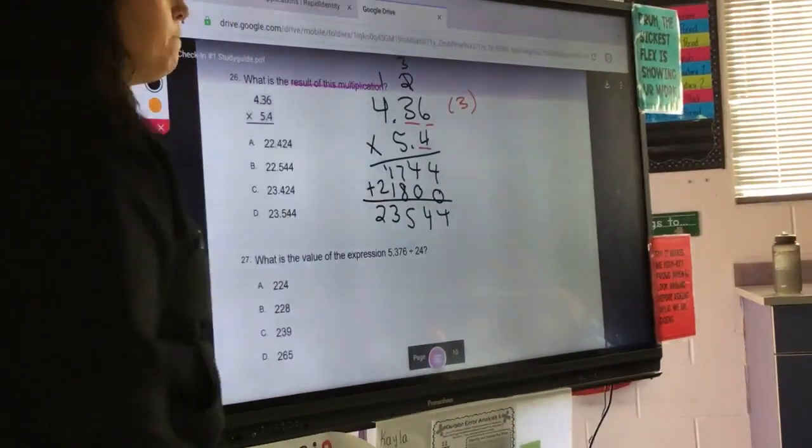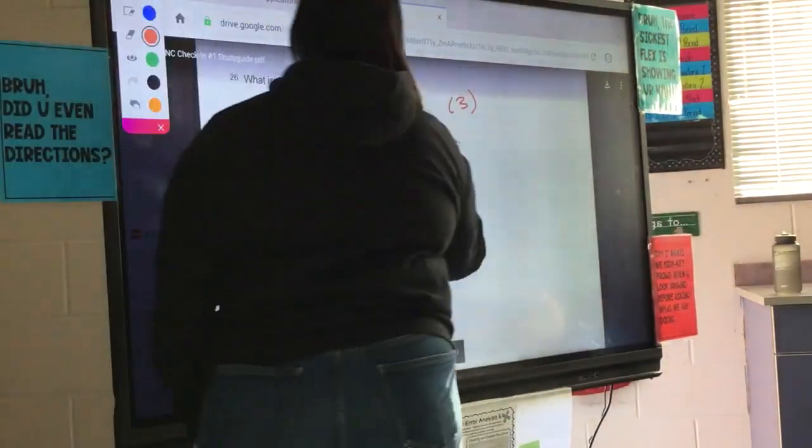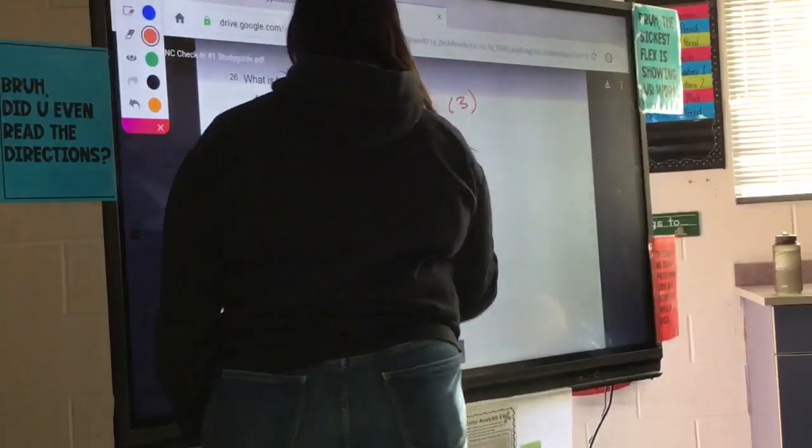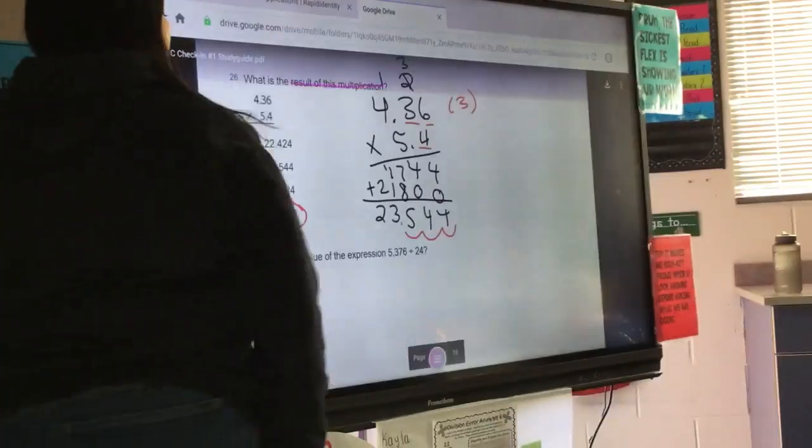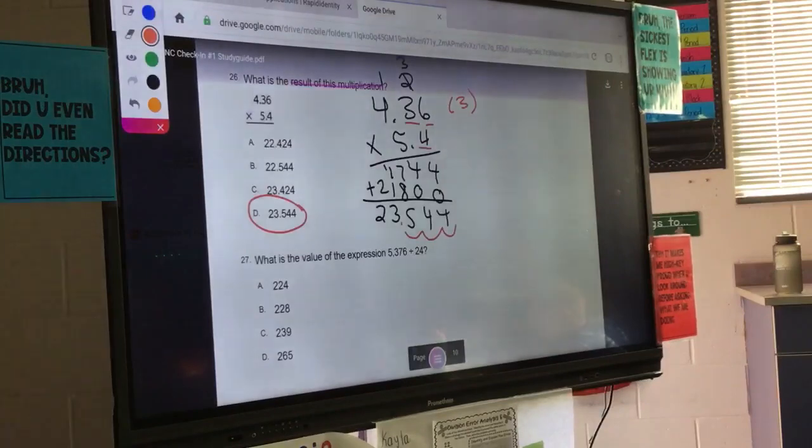What's 5 times 3? 15, plus 3, 18. What's 5 times 4? 20, plus 1, 21. Alright. So, last thing I have to do is I need to make sure that I move my decimal in 3 places. The correct answer is D.